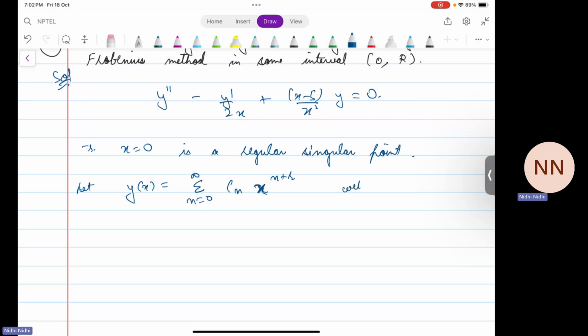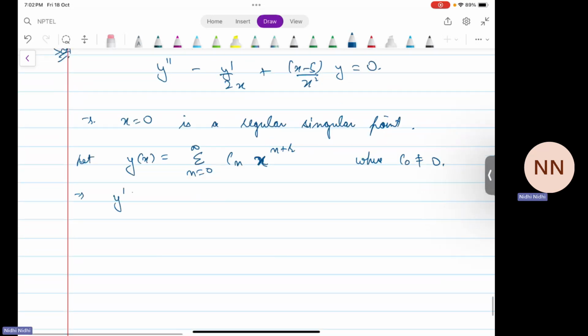We assume that this c naught must be non-zero. Otherwise, there is no sense in writing the series. So we started from the point where the coefficient is non-zero. So this gives us y dash x is equal to summation n from 0 to infinity, and y double dash x is equal to summation n from 0 to infinity.